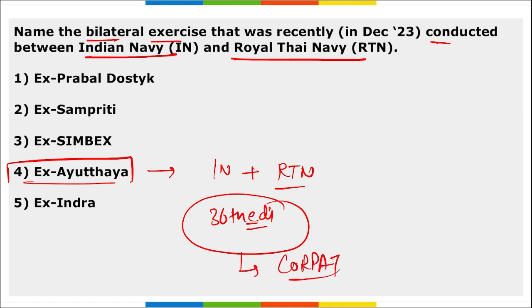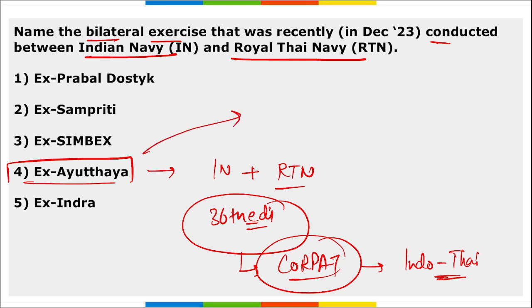We all know what is CORPAT, coordinated patrol. Then from the Indian side, remember which Indian naval ship took part in this exercise? It was INS Kulish that took part in this particular exercise.